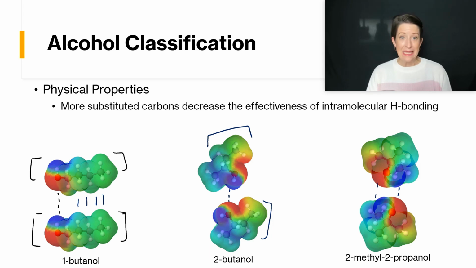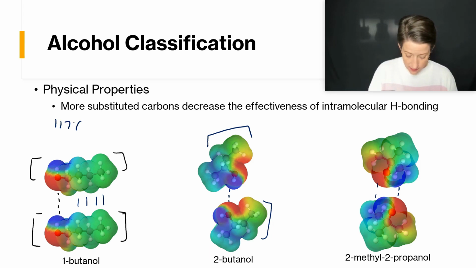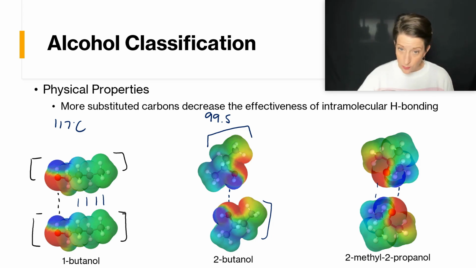We can see this trend in the boiling point for these three separate molecules. 1-butanol has a boiling point of 117 degrees Celsius. 2-butanol has a boiling point of 99.5, and 2-methyl-2-propanol has a boiling point of 82.3 degrees Celsius.